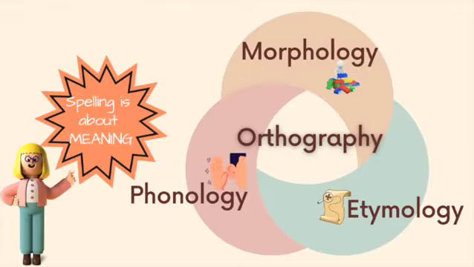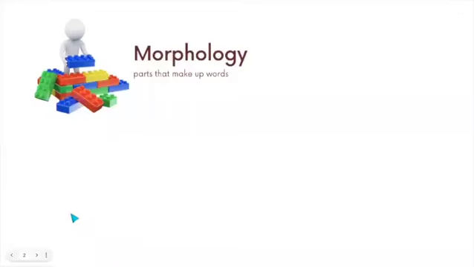So, morphology, which is the parts of words and how they work together; phonology, which is the phones or phonemes that we hear from the different letter combinations, the graphemes inside the words; and etymology, which is the history and the story of the words. And all of those parts work together to help communicate to us as quickly as possible what that word might mean. Today, we're going to be looking mostly at morphology.